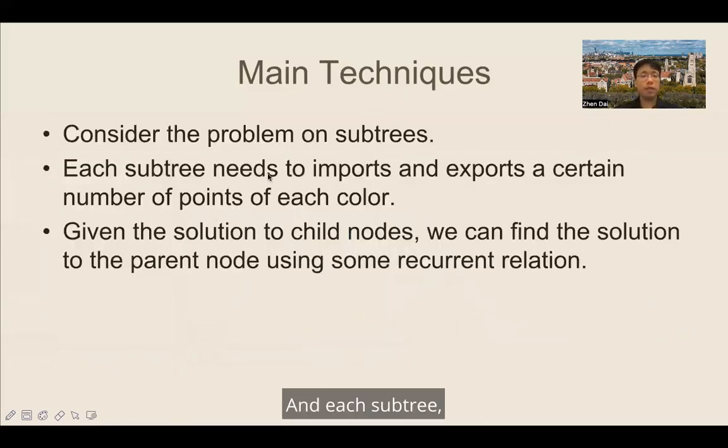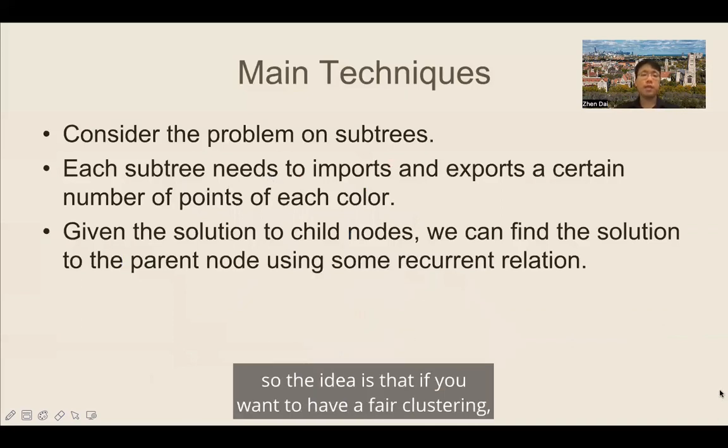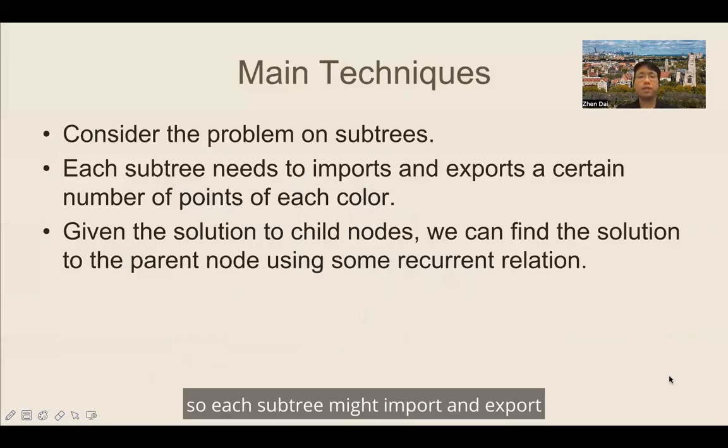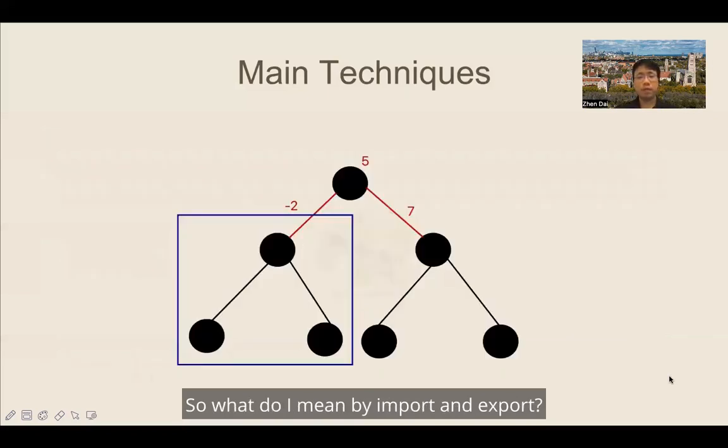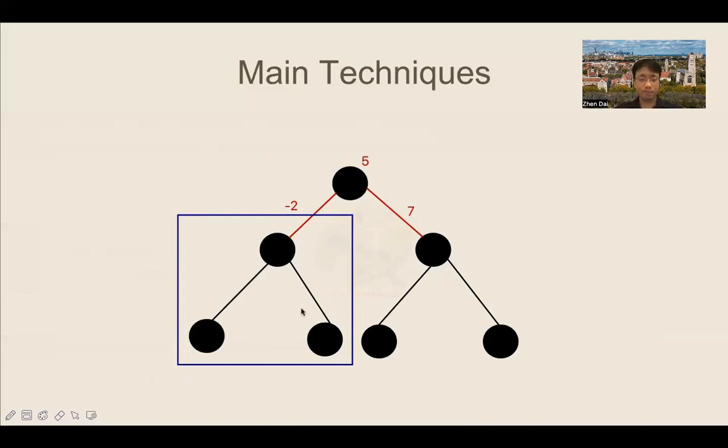The idea is that if you want to have a fair clustering, then each subtree might import and export a certain number of points of each color. So what do I mean by imports and exports?